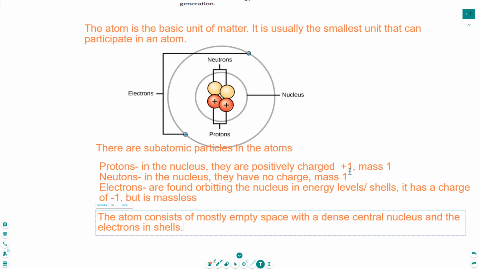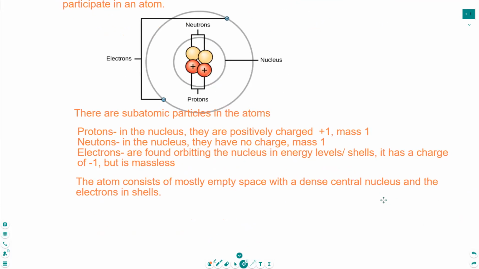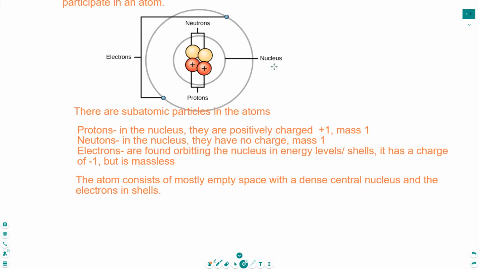Now, with that being said, we're going to see how we can basically draw the structure of any atom once we are provided with the number of protons, the number of neutrons, and the number of electrons.